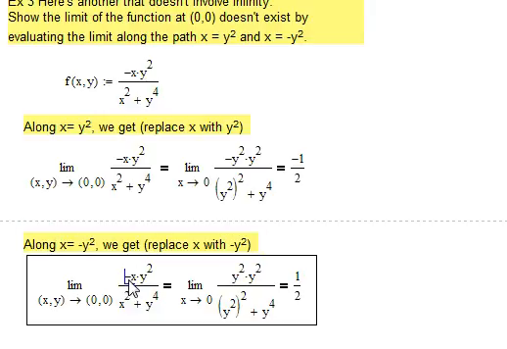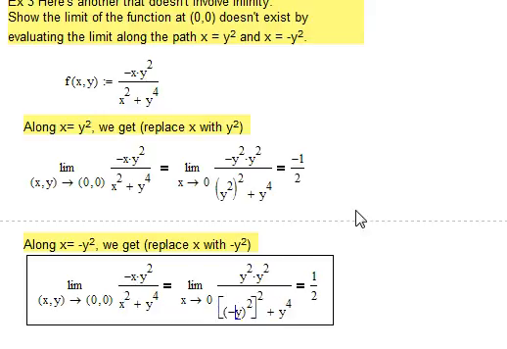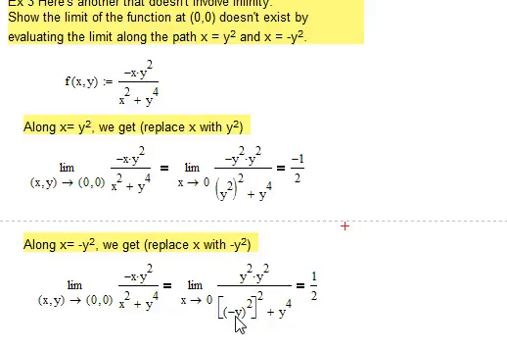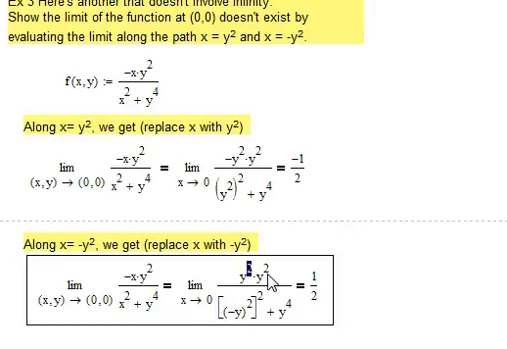That negative and this negative cancel each other out, so we have y to the fourth. Here we have x squared, which is negative y squared squared. You know, I really should have a negative on that. But you can see that this is 2y to the fourth. This is y to the fourth, so the y to the fourth cancel. We get 1/2. This is negative a half. This is positive a half.